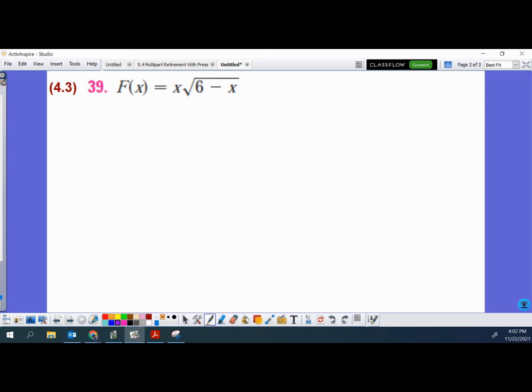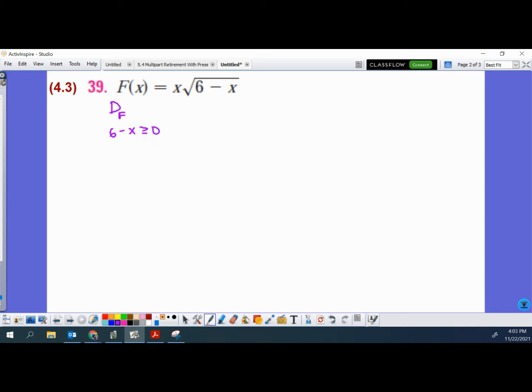So I'm going to start by thinking about the domain of this function. And the only domain restriction that we have on f here is from the square root. It is an even indexed root, which means the inside of it must be non-negative, greater than or equal to 0, right? Otherwise, we'll have imaginary numbers. So I'm thinking, 6 minus x is greater than or equal to 0.